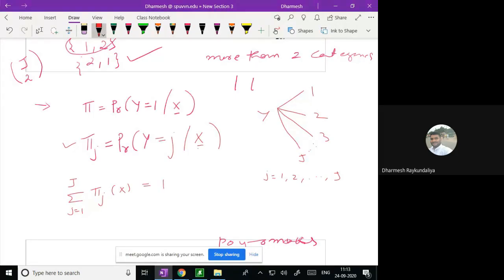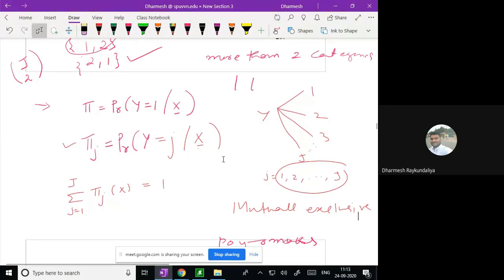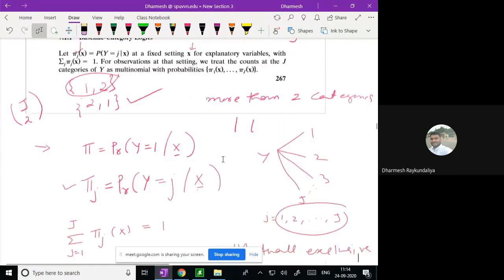That means all the categories are mutually exclusive, there is no overlapping. If the response falls into one category, there is no chance that the respondent falls into another category as well. The respondent has the choice to select only one of the J categories.